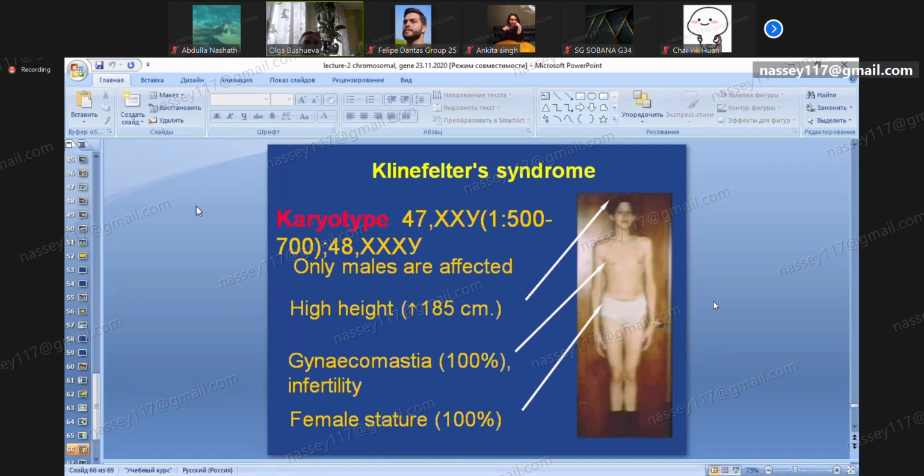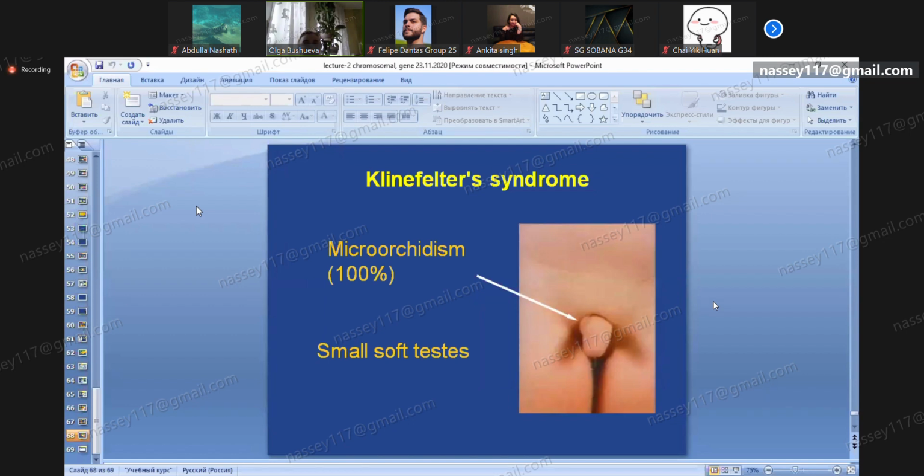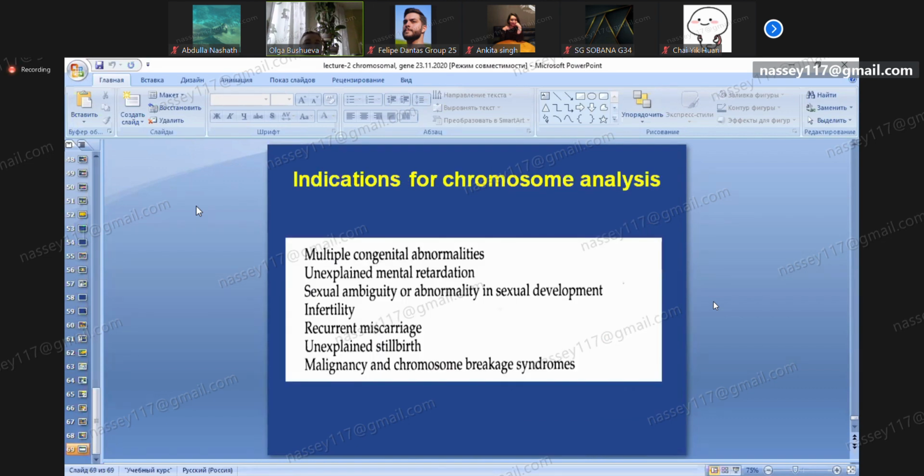They will have a tall height, gynecomastia, infertility, and female stature. On this slide, you can see long arms and fingers in a patient with Klinefelter syndrome. This patient, as a rule, will have normal intelligence, but they will have microorchidism, small soft testes.